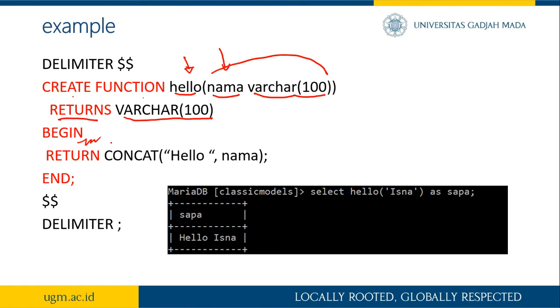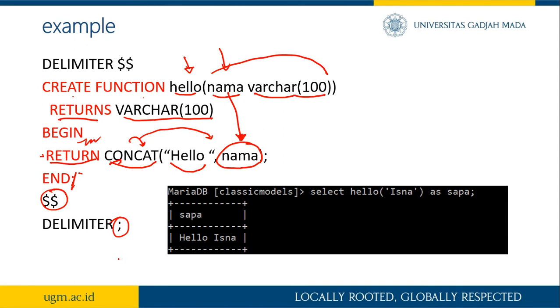Now I will skip the body and go to the return, with concat, which is a built-in string function. We can combine strings as well as columns. I try to combine hello as well as nama, which is the parameter that contains a value from the user. Then the end, and don't forget to change the delimiter again.